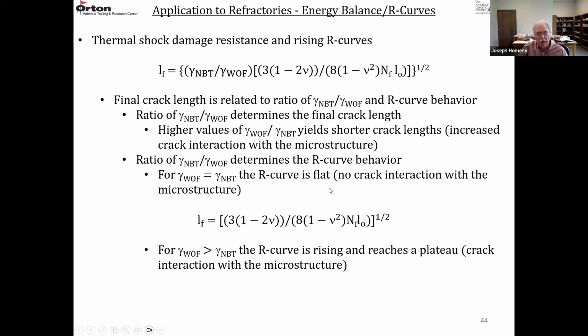You have no crack interaction with the microstructure. And now you have this equation where this term, when these are equal, is 1 and drops out. So when you have a gamma WF greater than gamma NBT, the R curve is rising, it reaches that plateau, and now you have a lot of crack interaction with the microstructure and better thermal shock resistance.